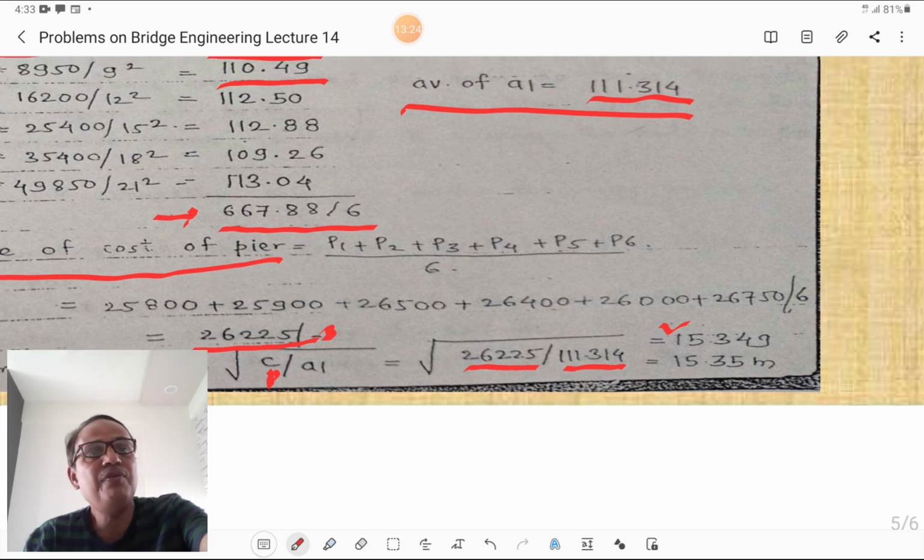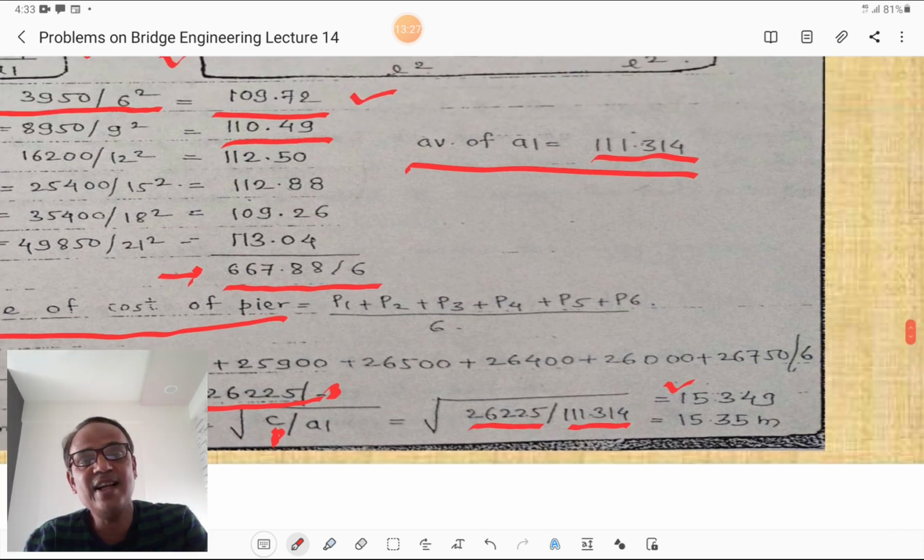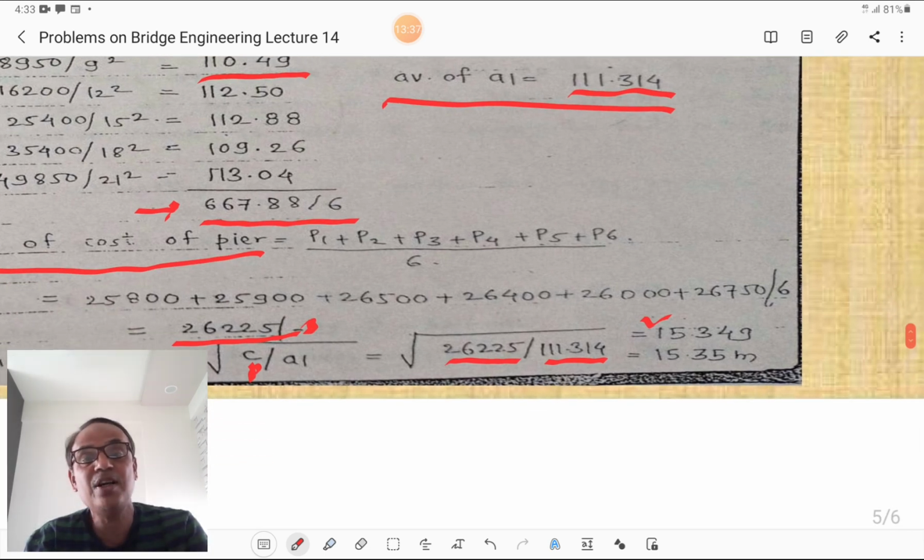So the value of A1 is calculated as cost of superstructure divided by L square, and we calculated the average value of A1. Then the cost of pier or cost of substructure is given. We calculate the average cost of pier, and square root of average cost of pier divided by A1, you will get the economic span of bridge.